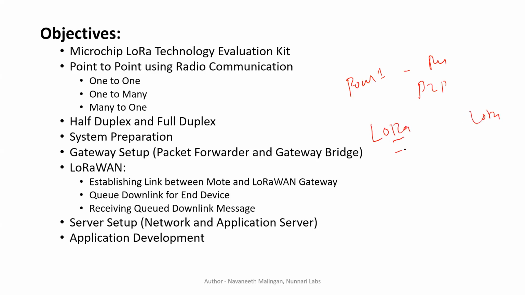You can configure the same parameters for both nodes, and you can do point to point communication. This can send to this device and this can send to this device. It can also act as one to many, because when one sends the data, everyone listening on the same bandwidth, same frequency, and same spreading factor can receive it.